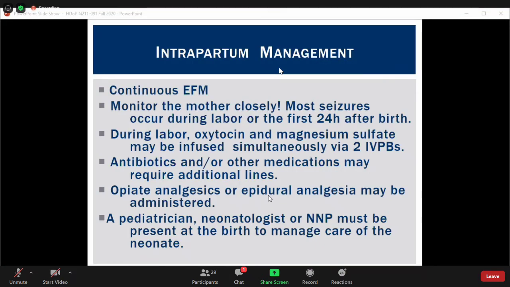Yes, you do, but I want you to remember you have to have more than naloxone. So let's think about these two things. What is the effect of the magnesium going to be on the respiratory effort of this fetus? It's going to depress it. Plus the morphine. The same thing.